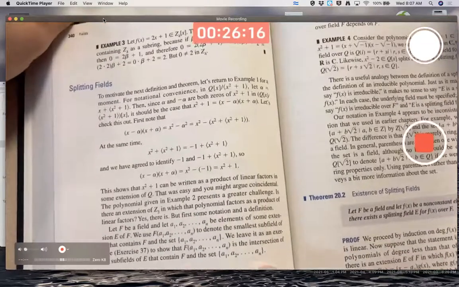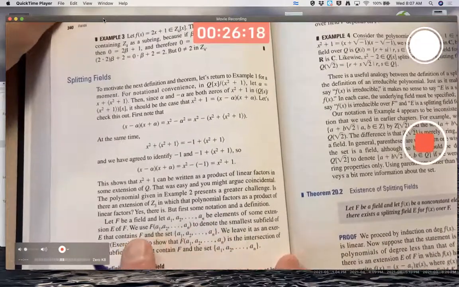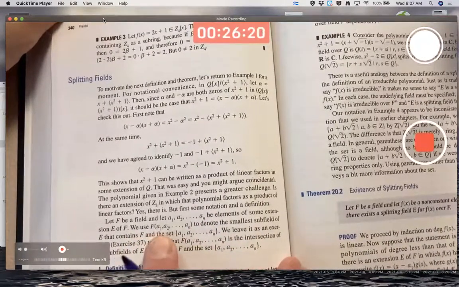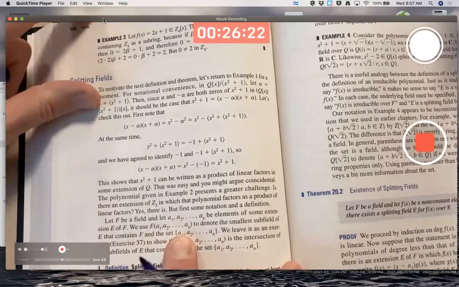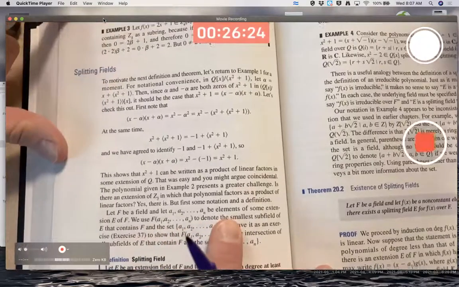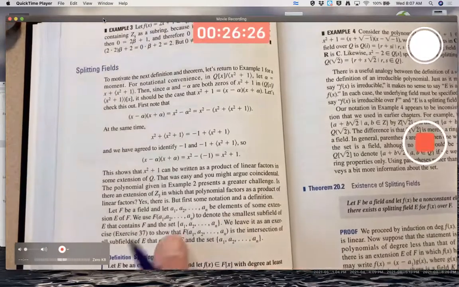Coming back here, we use this notation, F of A1, A2 through AN, to denote the smallest subfield of E that contains F and those N elements.